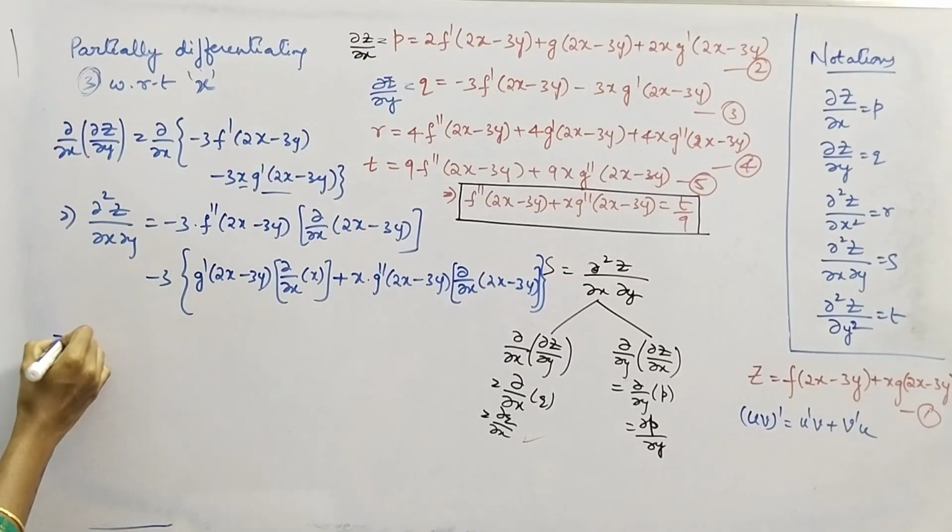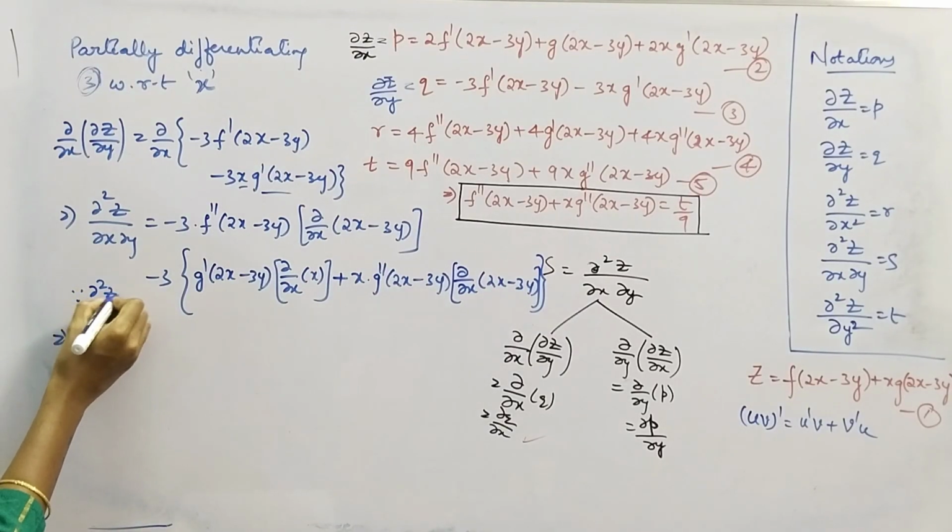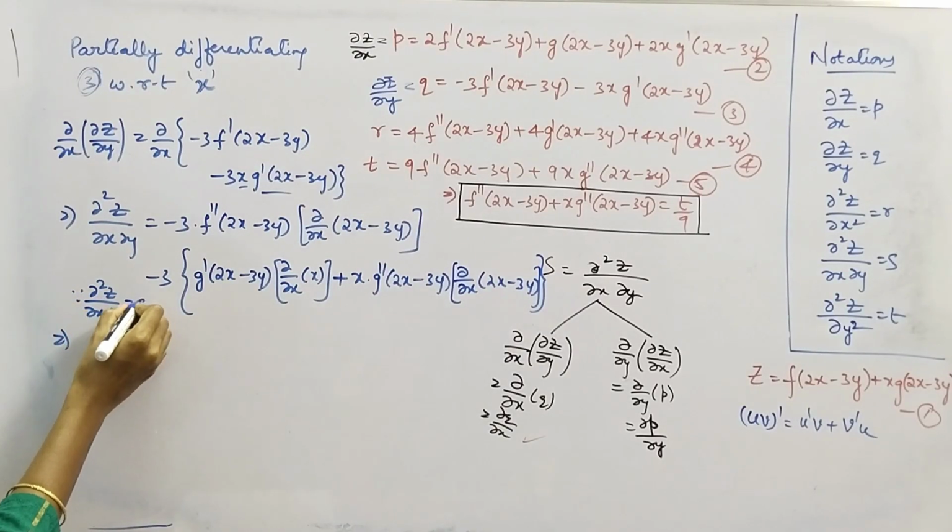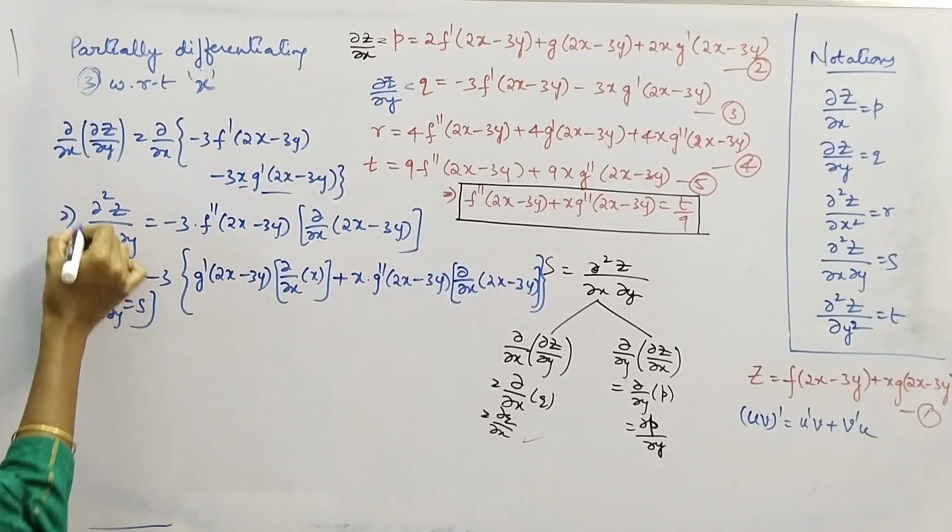right? And since we know that ∂²z/∂x∂y equal to s, just replace it by s.